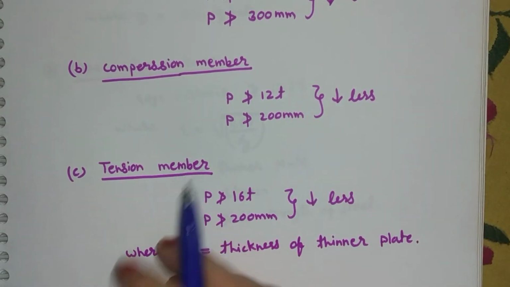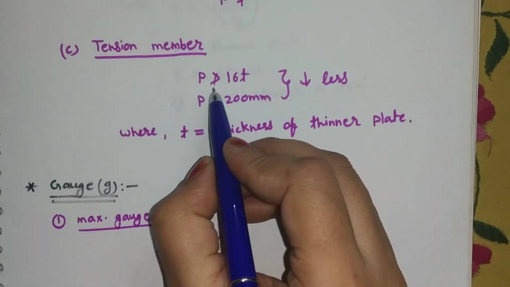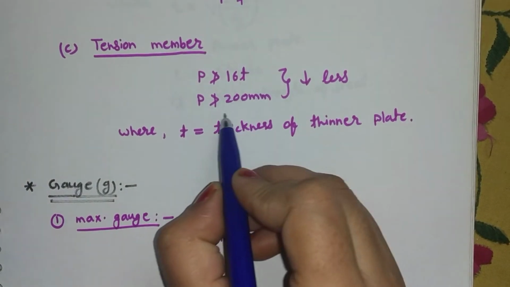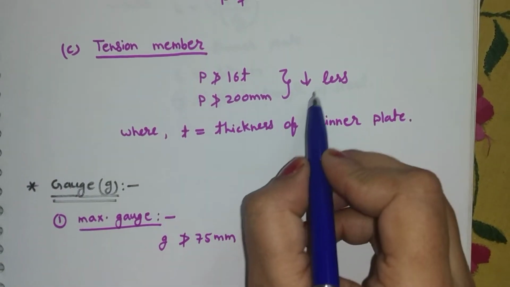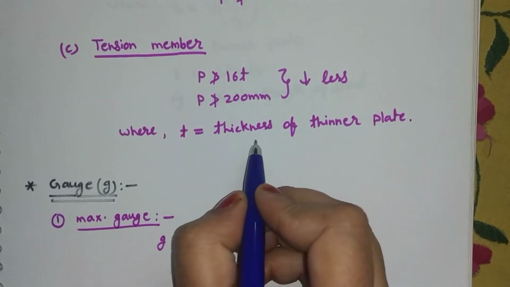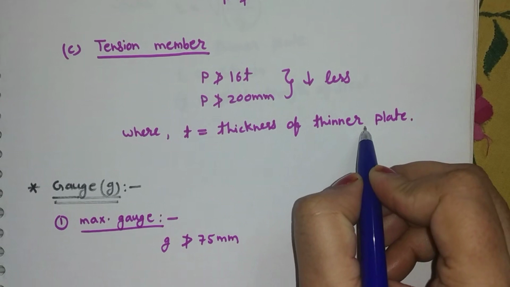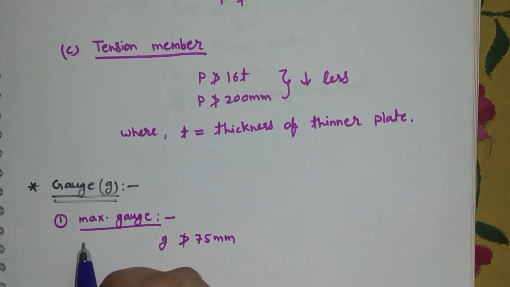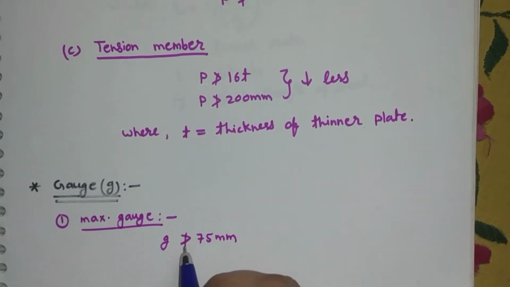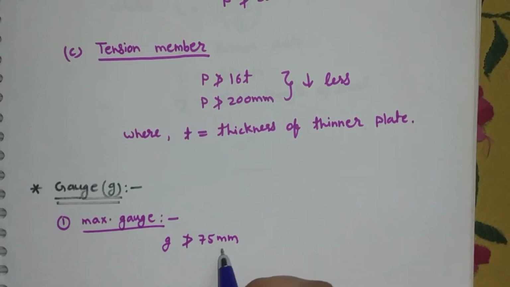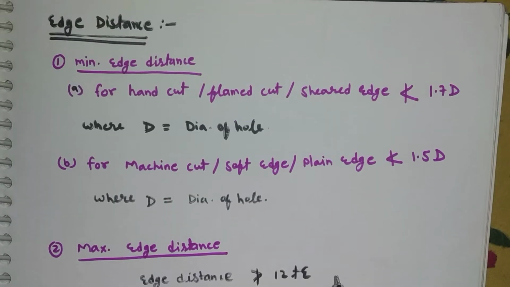In a tension member the maximum pitch is not more than 16 t or 200 mm, whichever is less, where t is the thickness of the thinner plate. And for gauge distance, the maximum gauge distance is not more than 75 mm. So these are some codal provisions for gauge and pitch distance.